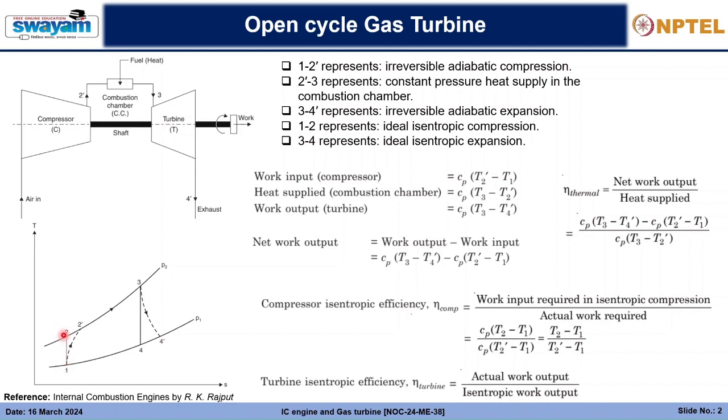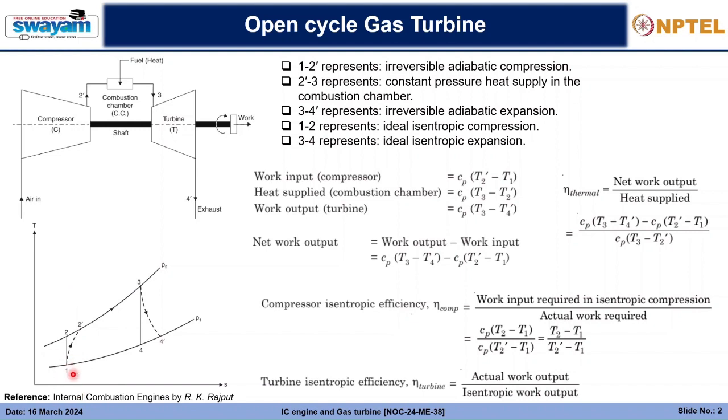For 1 to 2 isentropic, the temperature difference will be shorter, and a lesser amount of work is required. Rather, due to the inefficiency of the system in a compressor, the work is now getting increased. To get the same pressure difference, we need to supply a higher amount of work.